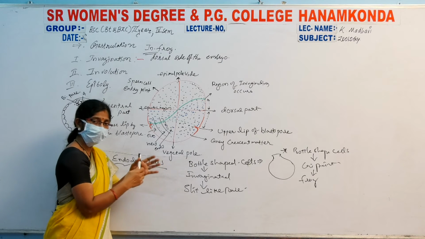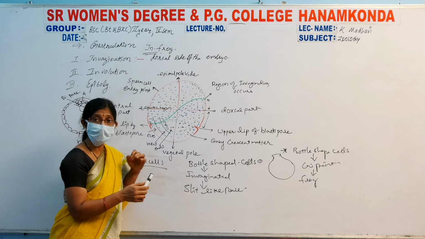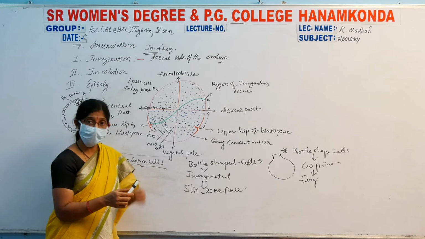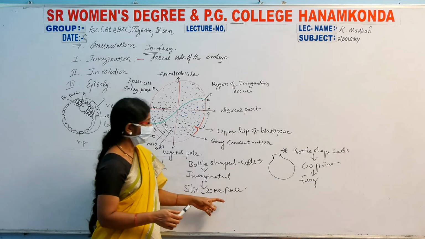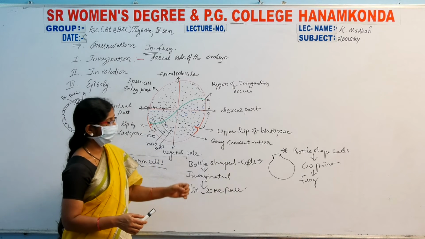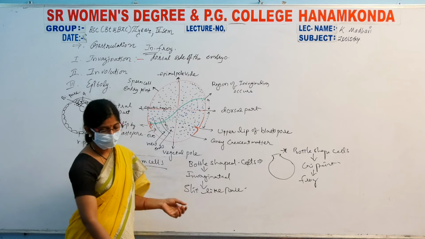These bottle-shaped cells are a critical characteristic of frog gastrulation, right? A slit-like pore is present in the bottle shapes.